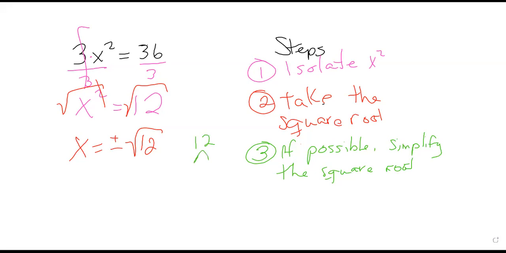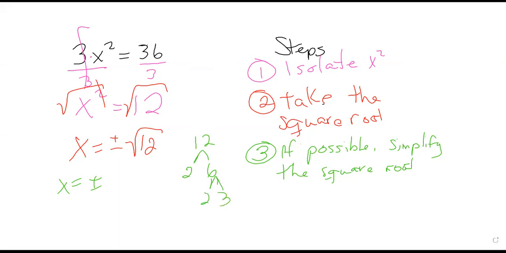So give me 2 factors of 12. 6 and 2. Can I simplify any of those numbers? Yeah, the 6. To what? 3 and 2.